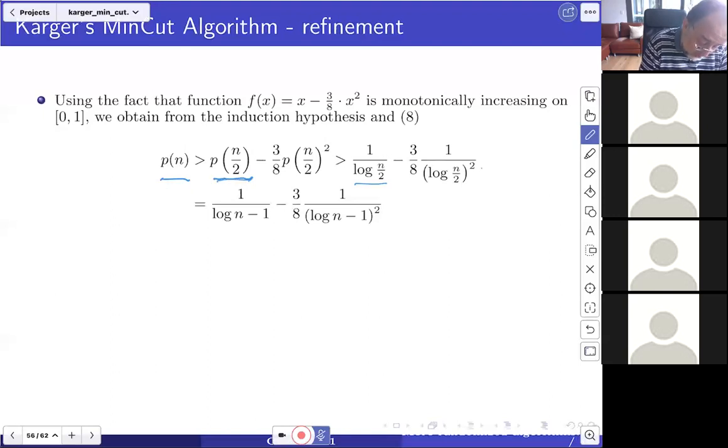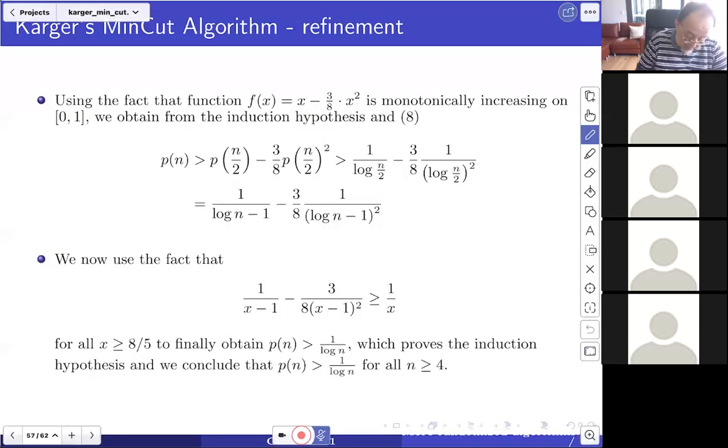Now, n/2 can go out, and you get here log n minus log 2, which is minus 1, so log n minus 1 squared. And then you use the following inequality, that 1/(x−1) minus 3/8 (x−1) squared is larger than 1/x.